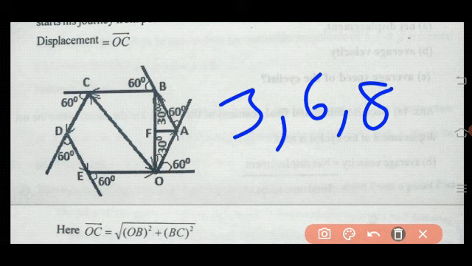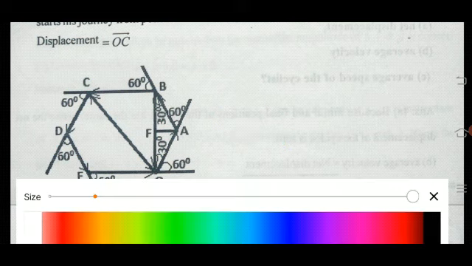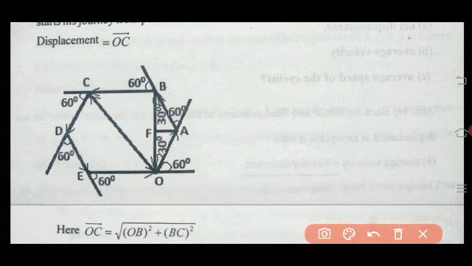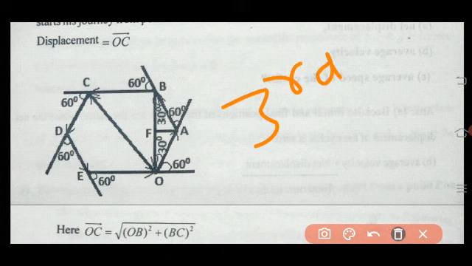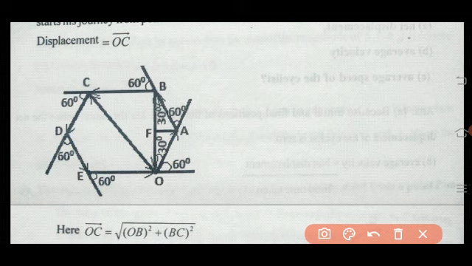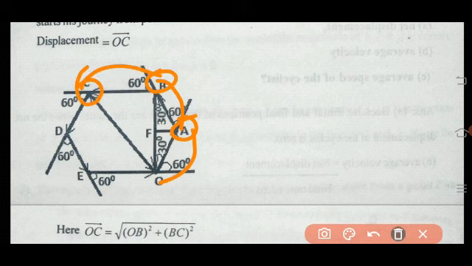You know the displacement is the shortest distance between the initial and final position. Therefore, for the first case, the third turn, what is the displacement here? What is the third turn? From O to A, he takes the first turn. Then at B, the second turn. Then at C, the third turn.